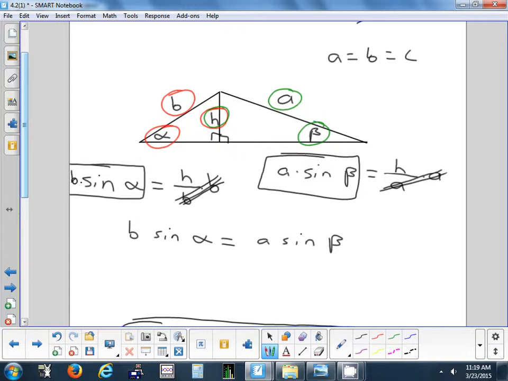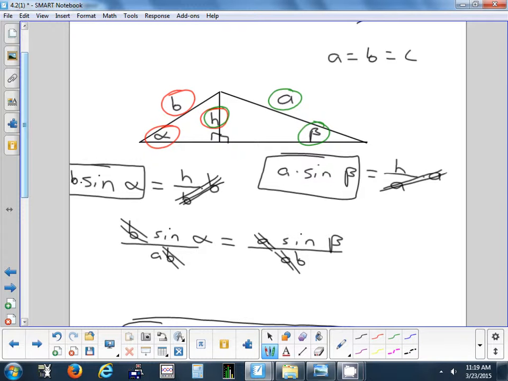Okay? All they do is they rewrite it a little bit by dividing each side by A times B. So what happens on the left is the B's cancel out. And what happens on the right is the A's cancel out.